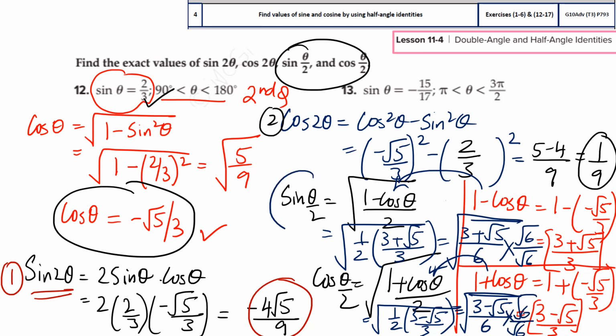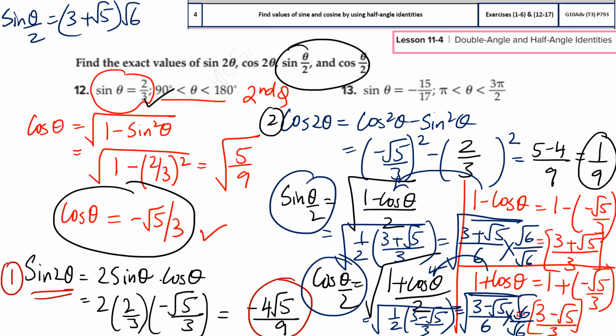So when you do the final answer, it will come out to be, for sine theta by 2, 3 plus square root 5, and this whole thing is multiplied with square root 6, with square root 6 on the top. Denominator square root 6, square root 6. Khalas, the radical goes. So you will just have 6 here.